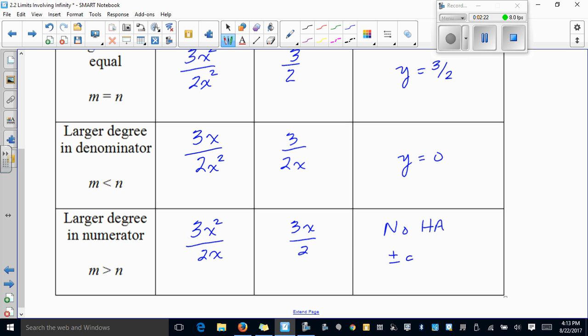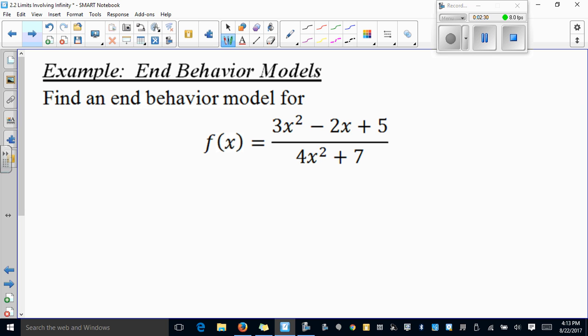So let's look at this one here. In end behavior models, if they say end behavior, they're talking about limits at that point. If they want the model, then they're asking how am I going to get to that end behavior? But always keep in mind you're looking at the first terms, because again, we're talking about the limit as x approaches positive or negative infinity.